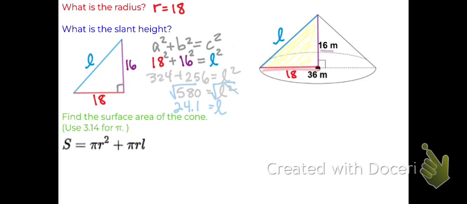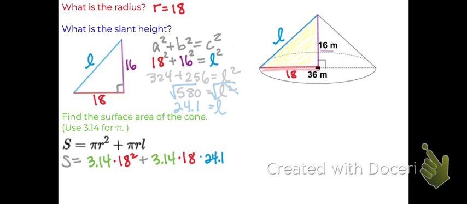Now that I know the radius and the slant height, I can substitute these into the formula. I'm also going to substitute in 3.14 for pi. So instead of pi, I'm going to put 3.14 and then times the radius squared, so times 18 squared, and then plus pi 3.14 times the radius of 18, and then times the slant height of 24.1.